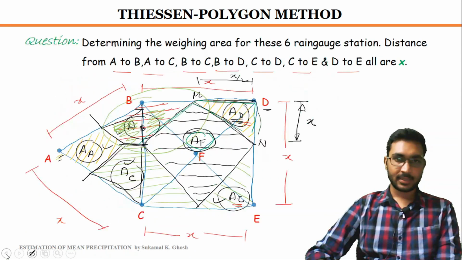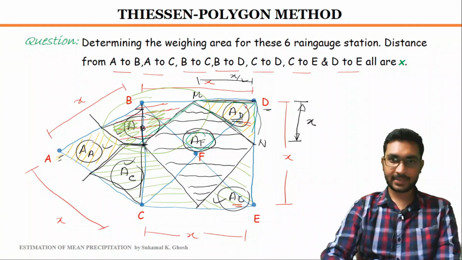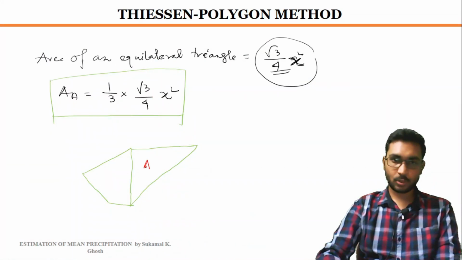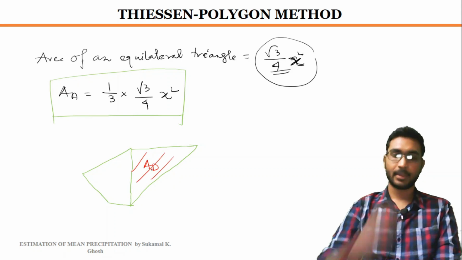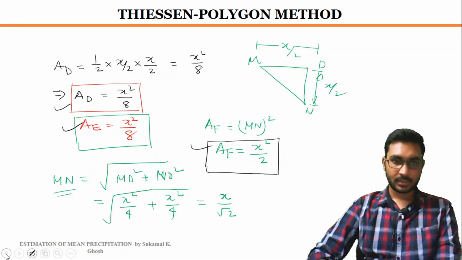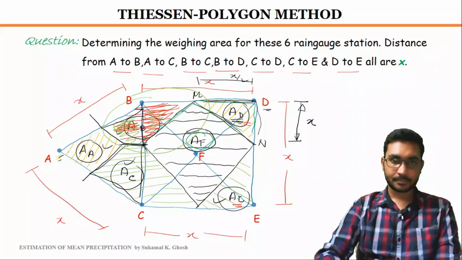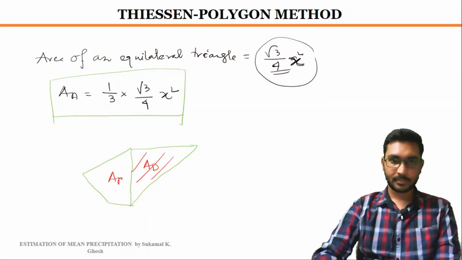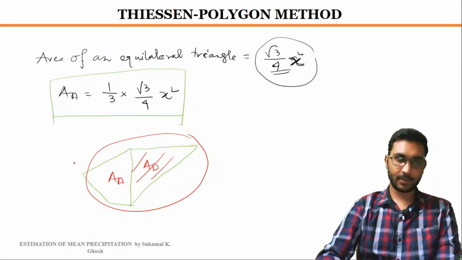Now here you can see we have got this AD. This AD and this area are equal, so we can write that this area is equal to AD. You can also see this particular area is equal to AA.